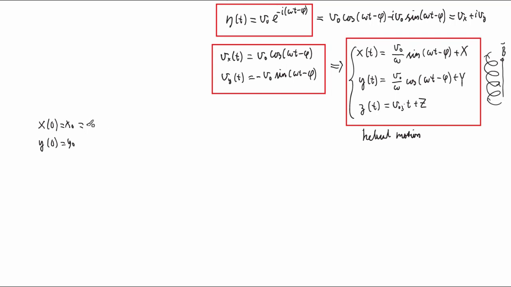So x0 is minus v0 over omega sine phi, where again I've used the fact that the sine is an odd function, so the minus sign comes outside, and y0 is v0 over omega cosine phi.